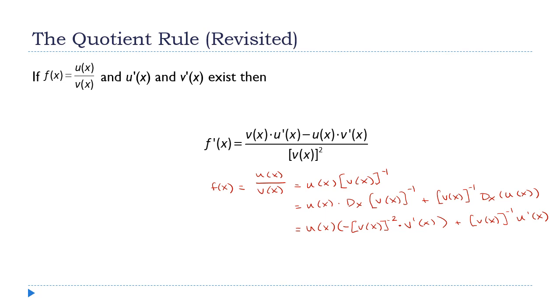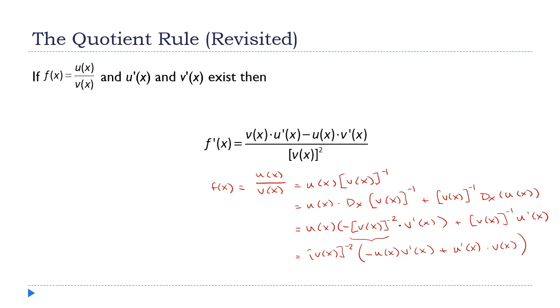Okay, here's what I'm going to do. I'm going to factor out v of x to the negative second. If I bring out v of x to the negative second, what's left? All that's left in the middle here is minus u of x v prime of x, plus u prime of x times v of x.